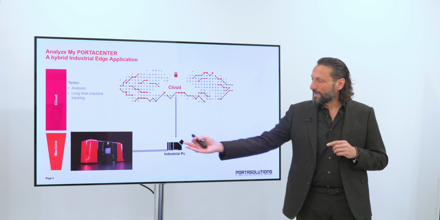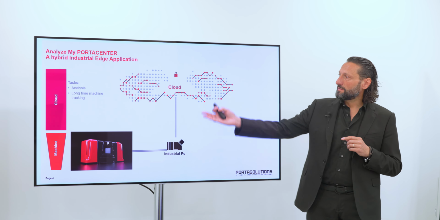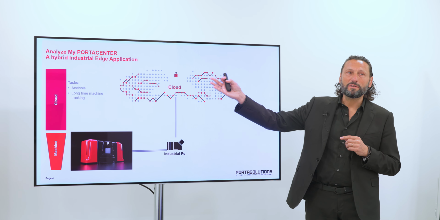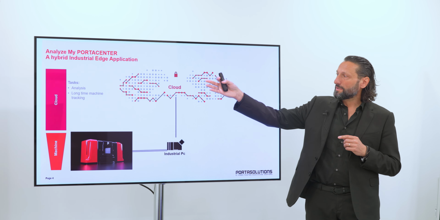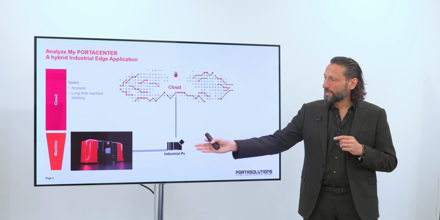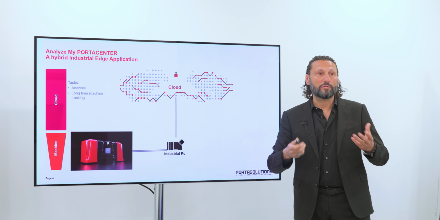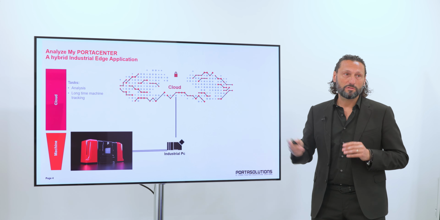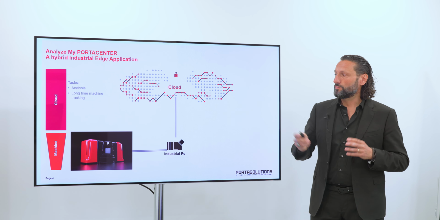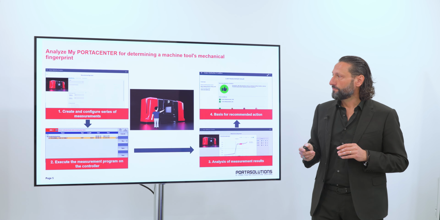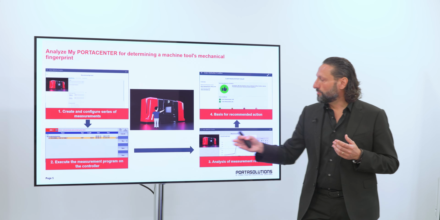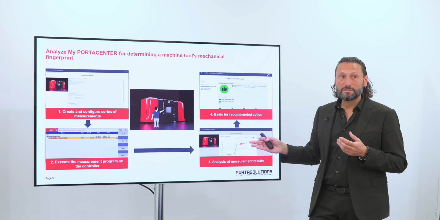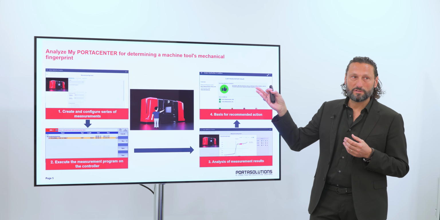We read the data, then we send it into the cloud because we need the power of elaborating this data. Once we have the result, it comes back to the machine, to the operator. So this is the structure that is needed to do these measurements. We run the machine, we do the analysis in the cloud, and we return the result.